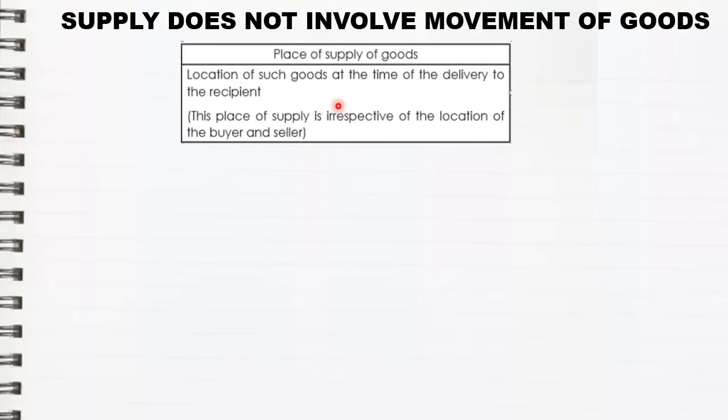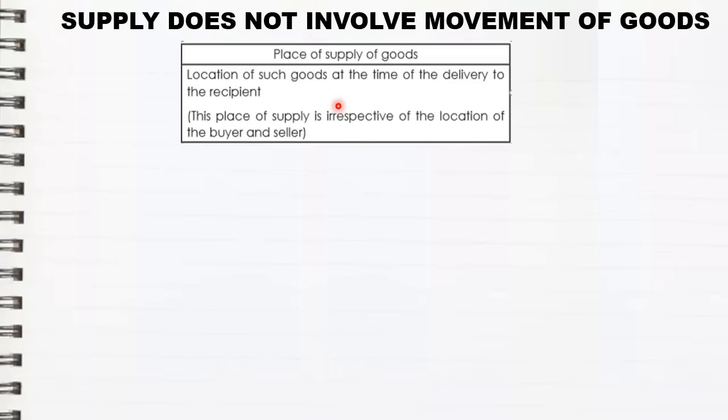Mr. X from Mumbai traveled to Goa and purchased goods there. So here the goods are not moving from one place to another. So when there is no movement of goods, at that time the place of supply will be the place where the goods have been purchased. In this case, the place of supply would have been Goa.